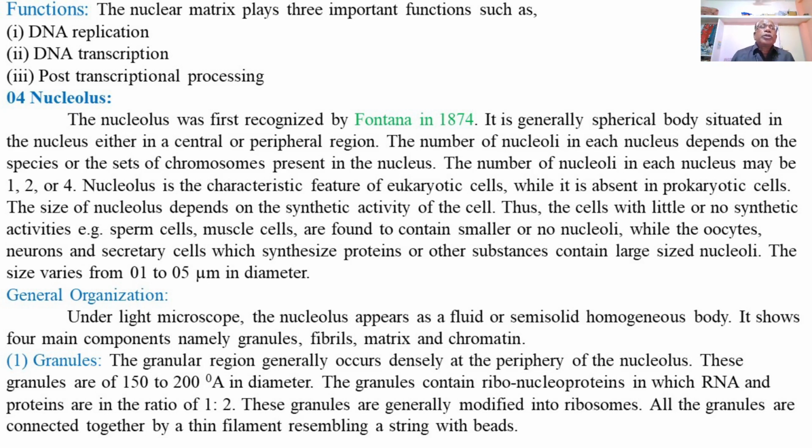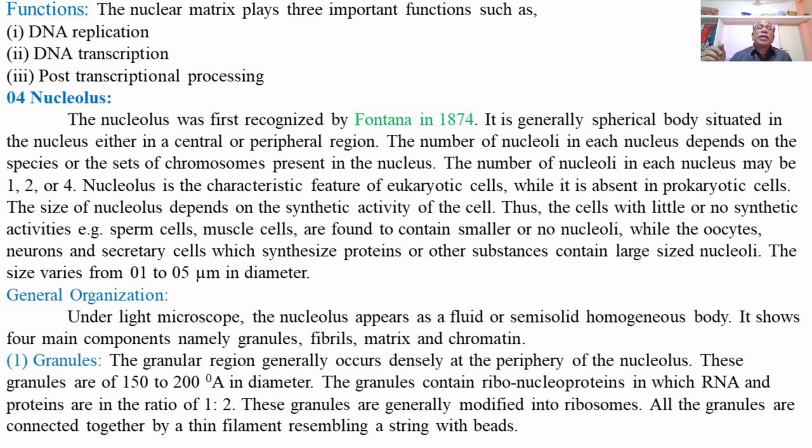Then another function of the nuclear sap is DNA transcription. Whenever the different genes, which are in the form of DNA in the chromosomes, are supposed to express or produce a particular biochemical or protein, at that time the DNA is transcribed into mRNA.